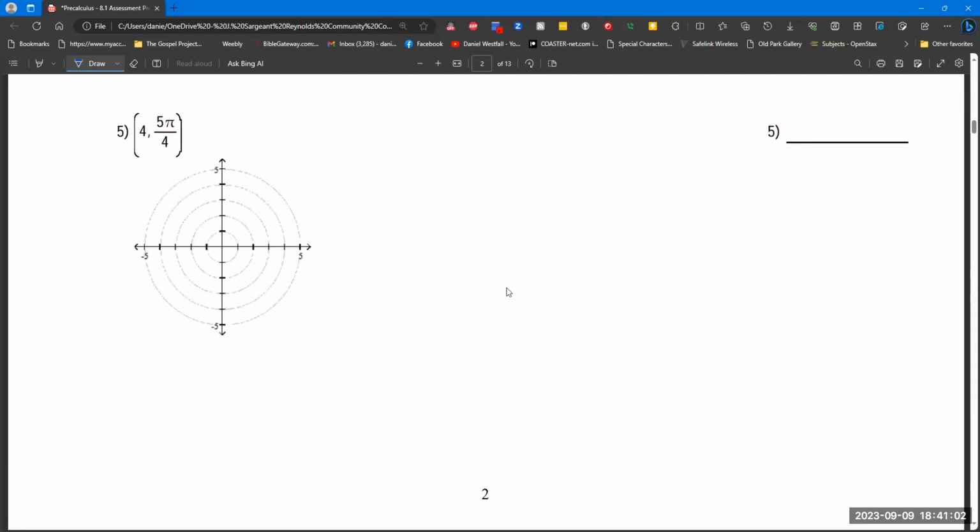So we're going to go counterclockwise. 5 pi over 4 is going to be in quadrant 3. And we are right here at this 45-degree angle here.